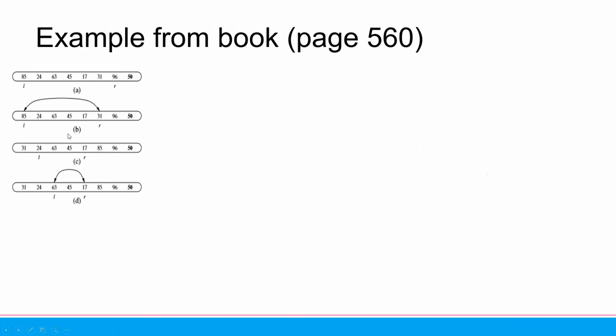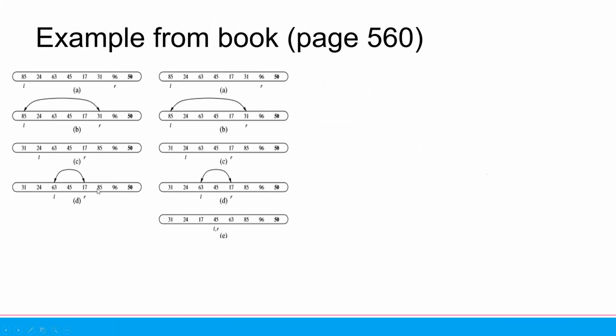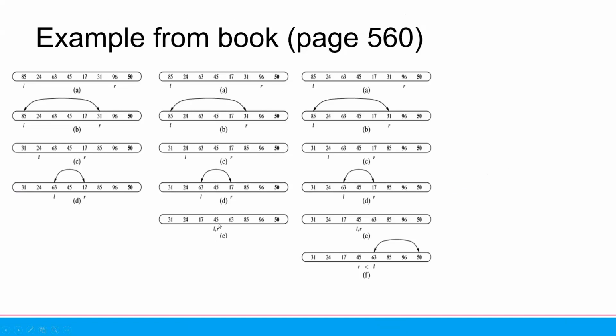And next, after we have this L and R, we swap. And then we have 45. 45, it is L and R in the same position. So we will do next. R is now in cross with the L.